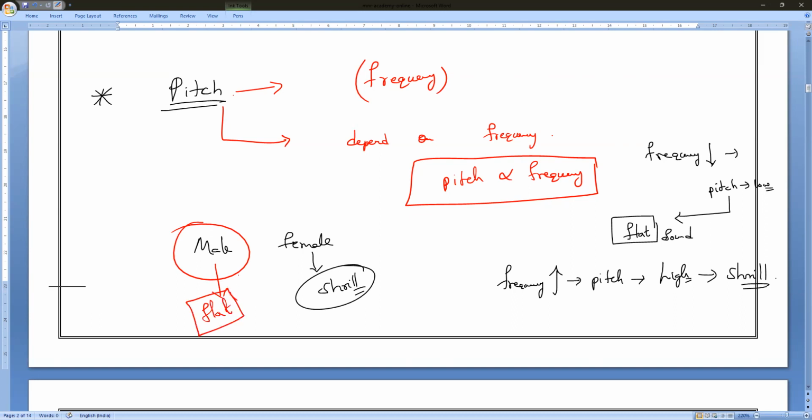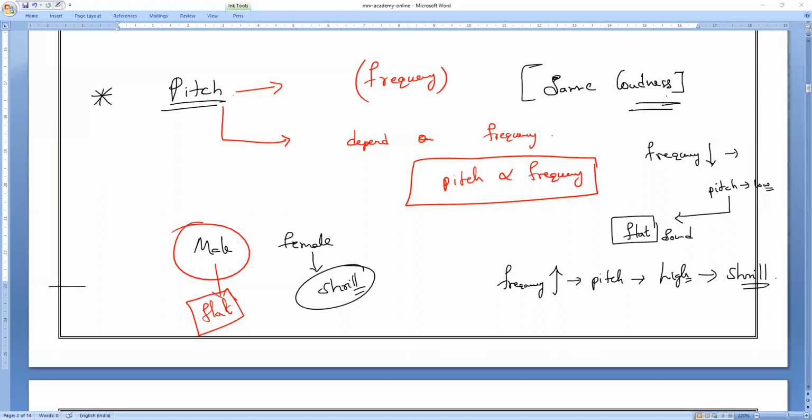So that is how a male and female voice can be identified, even though they have the same loudness. Even though the loudness is the same, we can easily identify a male versus female voice only because of pitch.